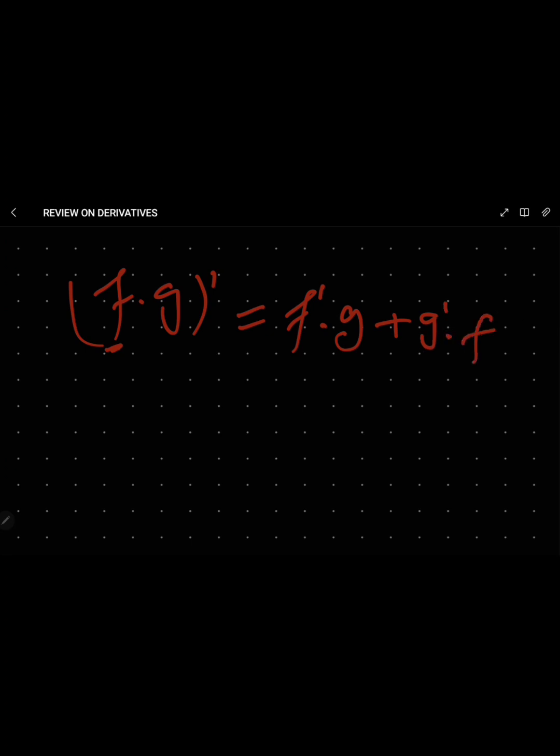All right, so if you have the derivative of f times g, very easy: the derivative is f derivative of x times g plus g derivative of x times the function f. Very easy, yes.